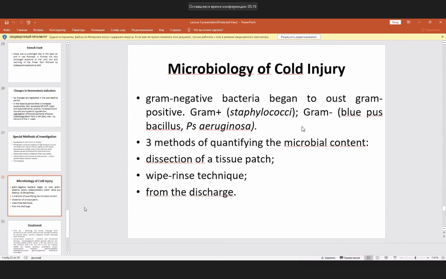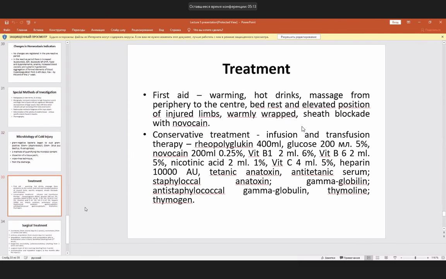Treatment: first aid, warm drink, massage from periphery to the center, bed rest with elevated position of injured limb, warmly wrapped with a blanket, with Novocaine.